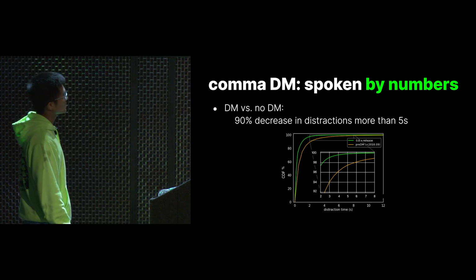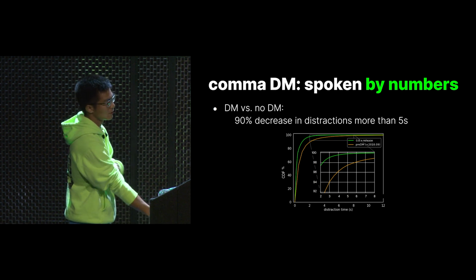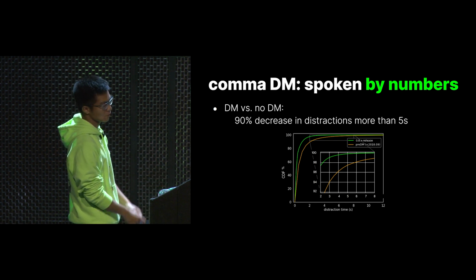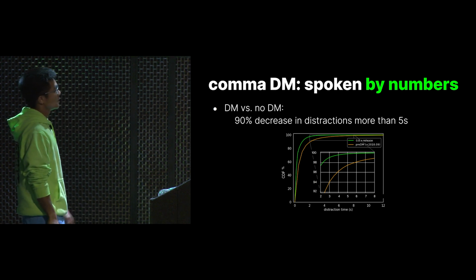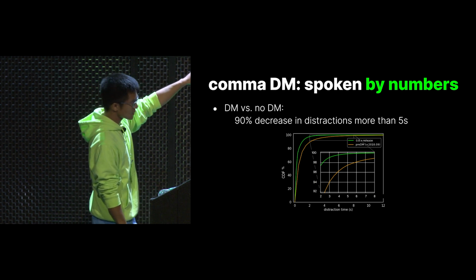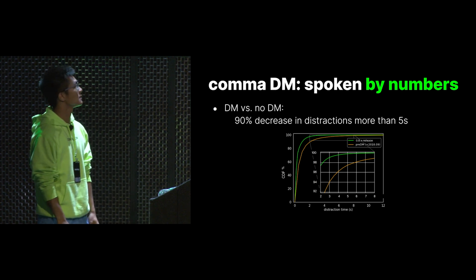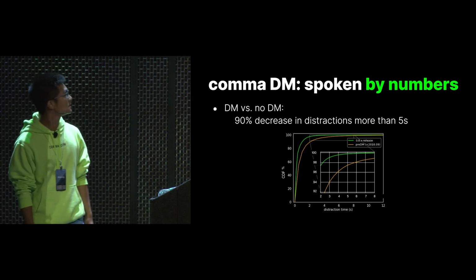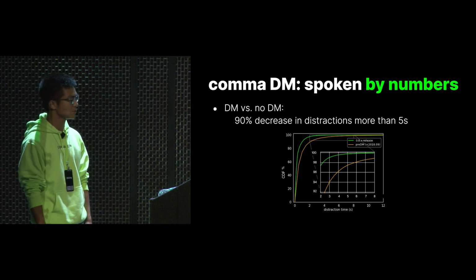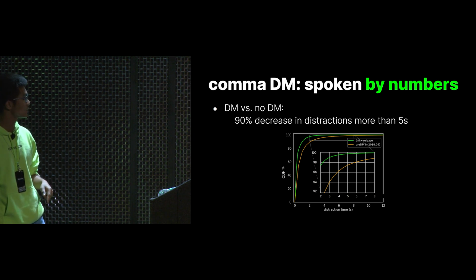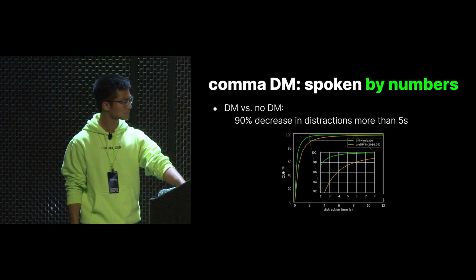The green line is from recent fleet data, and the orange line is from running the same model on the data we had before DM was shipped. Both lines show data when OpenPilot is engaged only. If we zoom into that section there, in recent data, 99.7% of the distracted events are less than 5 seconds, while in the old data, this number is 97.4%, which means DM has managed to reduce distractions of more than 5 seconds by 90%, which is substantial.